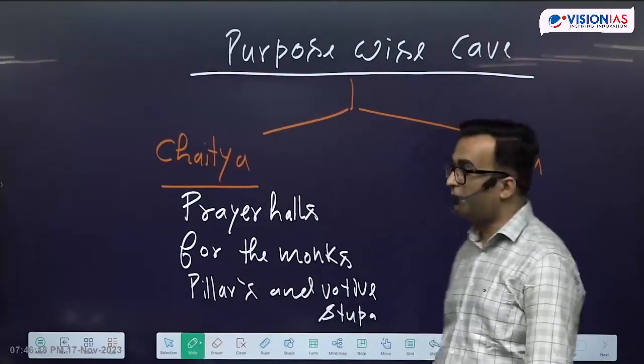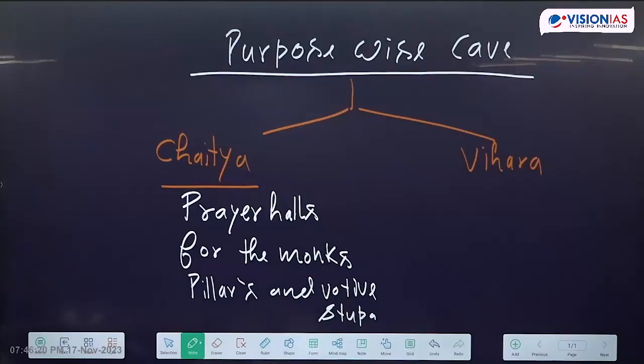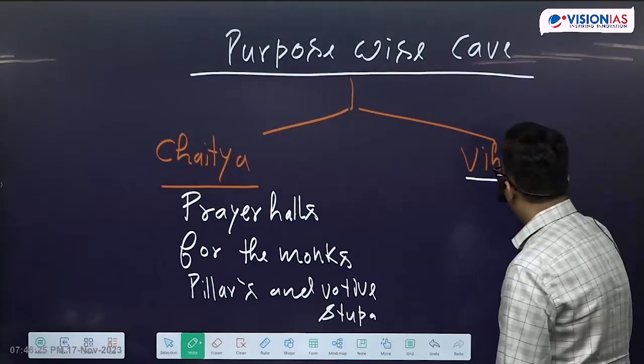So which one would be the chaitya? Apsidal vault with pillar. Okay? So that is chaitya. Then vihara, you write.